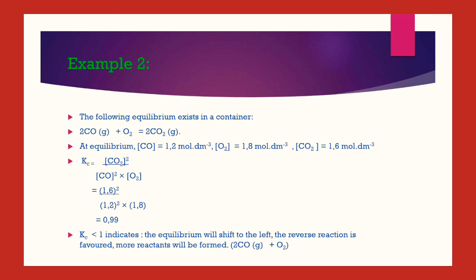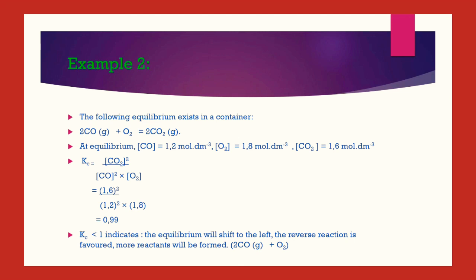Then the second example. The following equilibrium exists in a container: 2 moles of carbon monoxide in gaseous form plus 1 mole of oxygen gas forms 2 moles of carbon dioxide in gaseous form.